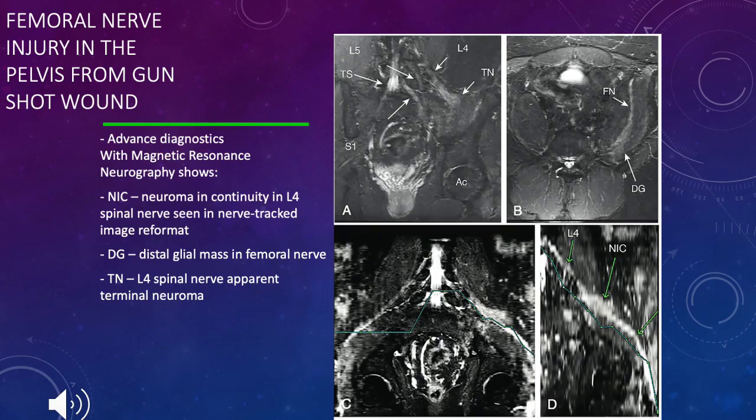And then what you see in C and D is a projection neurogram that assembles the elements.